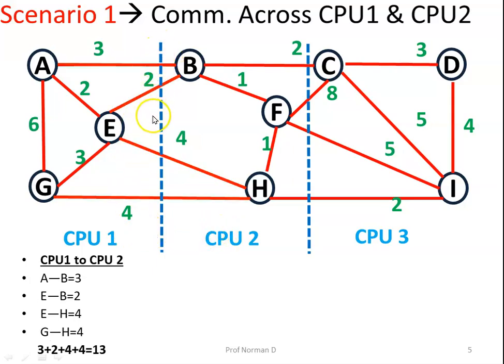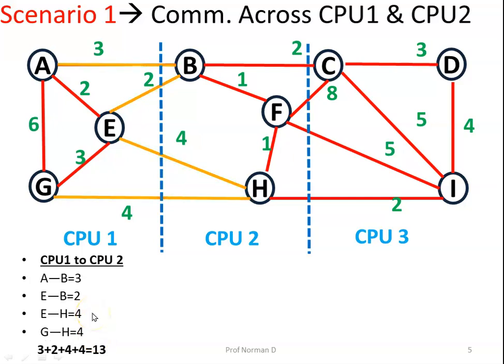Wherever this blue dotted line is intersecting, we will calculate the load. So we have to calculate the load between A to B, E to B, E to H, G to H. So the values are 3, 2, 4 and 4. So the total load across CPU 1 and CPU 2 is 13.